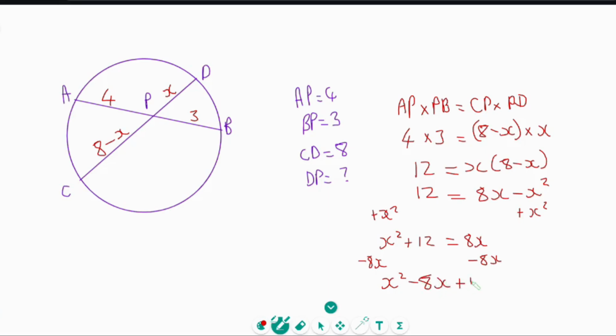Let's factorise. Two numbers that multiply to get 12 and add to get negative 8.